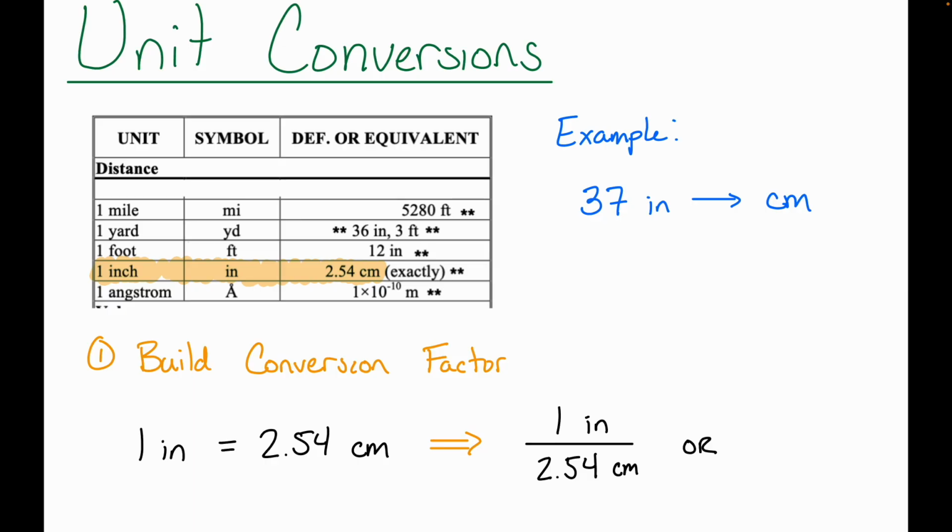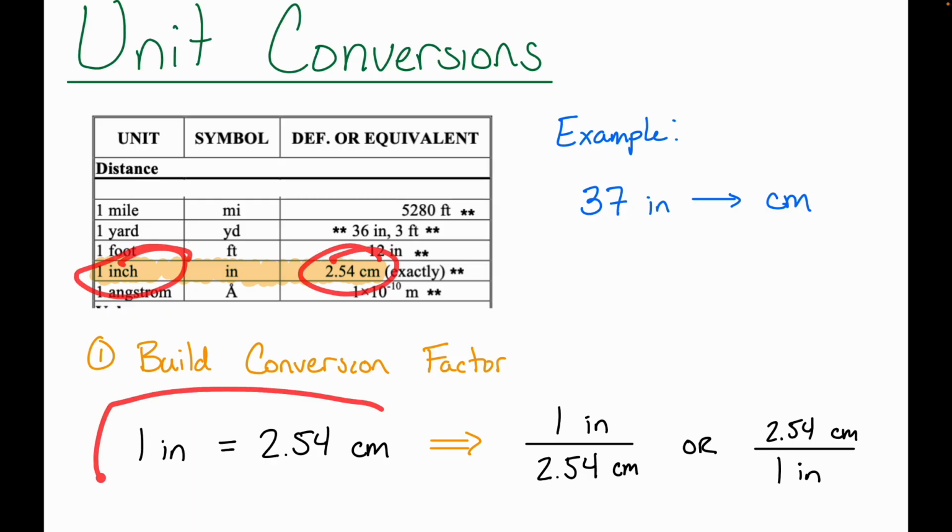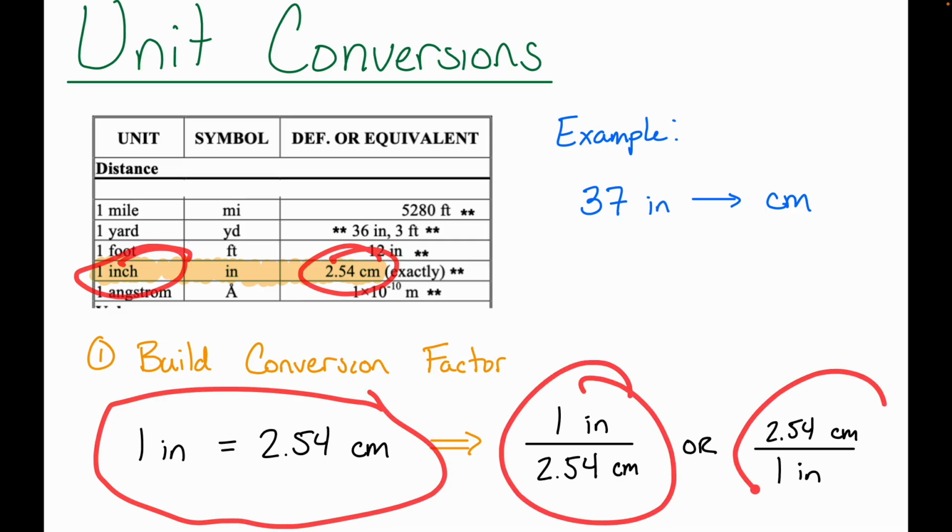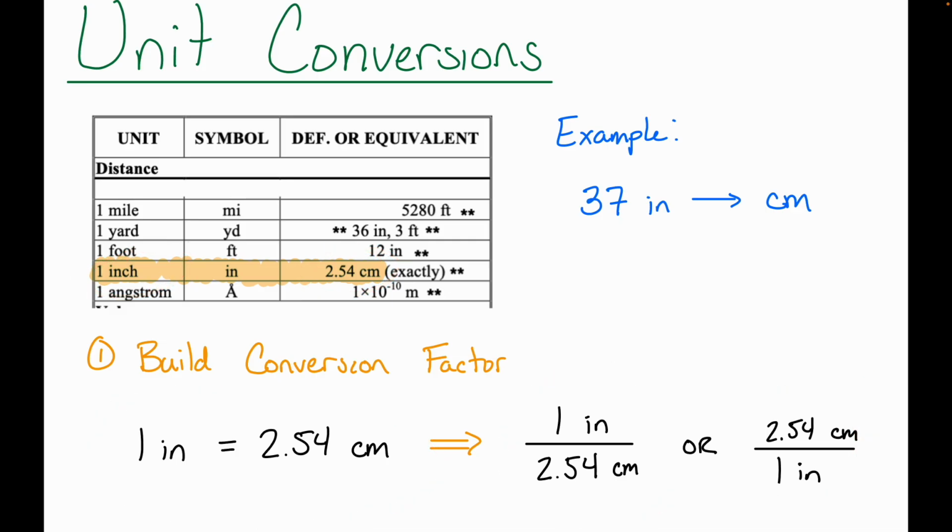Or with any conversion factor we use in this course, we could take it as is, or we could flip it upside down, 2.54 centimeters over 1 inch. So from this table, even easier to use than the metric prefixes, it tells me 1 inch is equal to 2.54 centimeters. That's my equality. And we stack one side over the other to get our conversion factors.